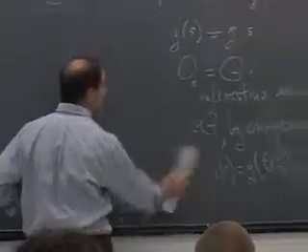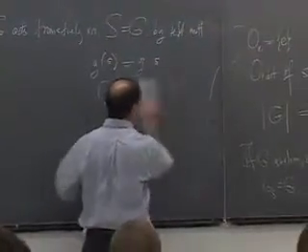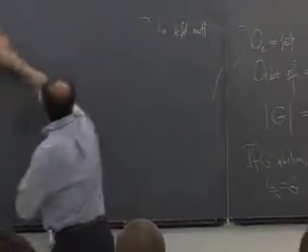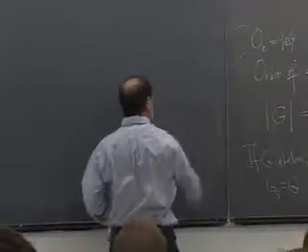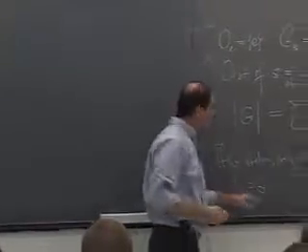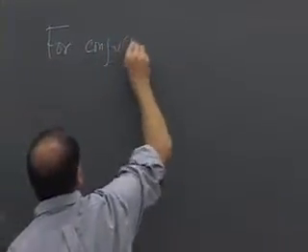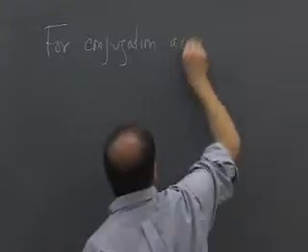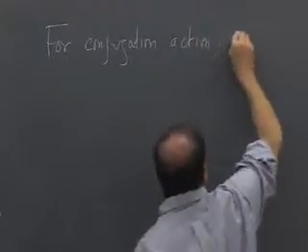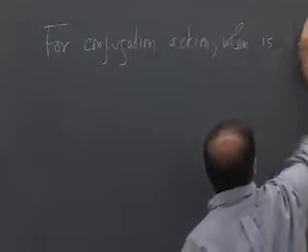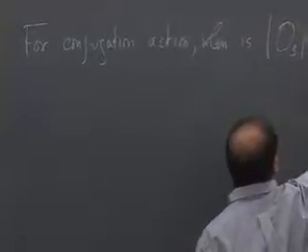I'll give you another example of this amazing class formula. Now, for the conjugation action, when is the size of the orbit of S equal to 1?